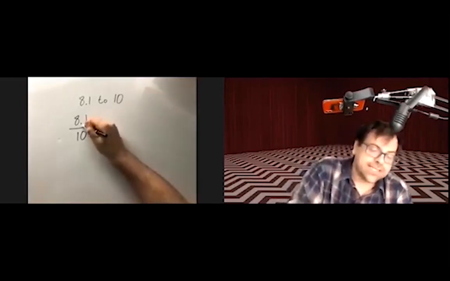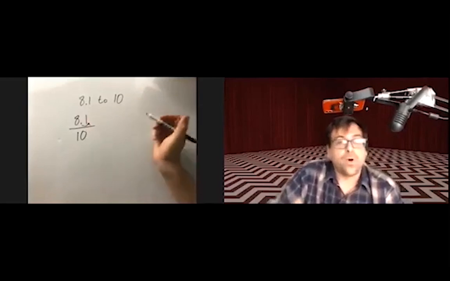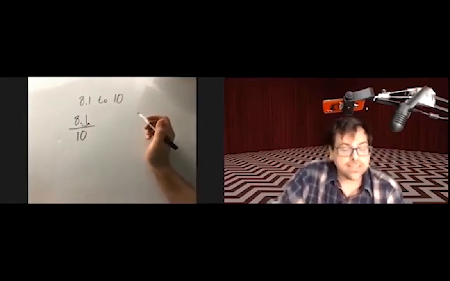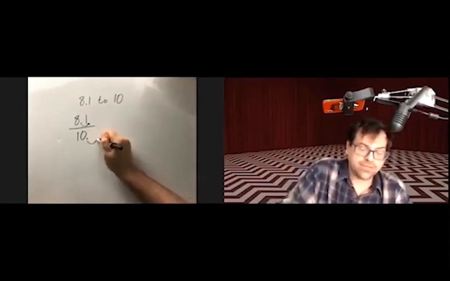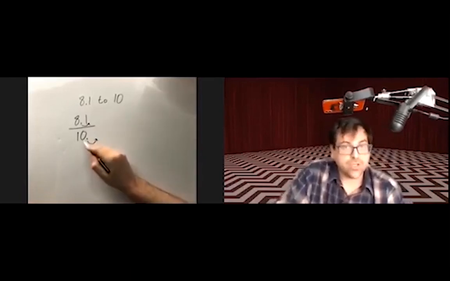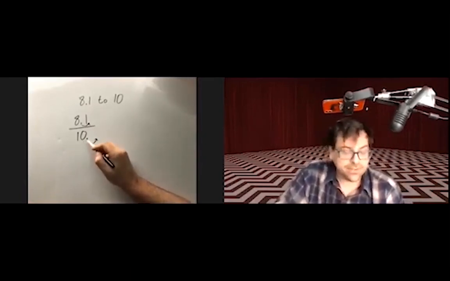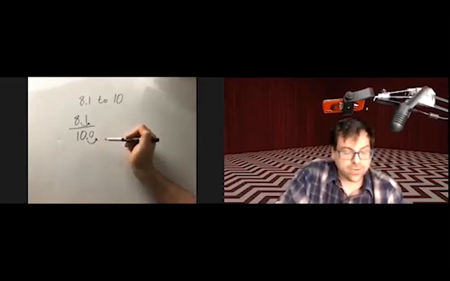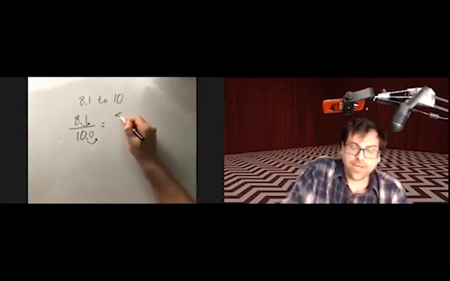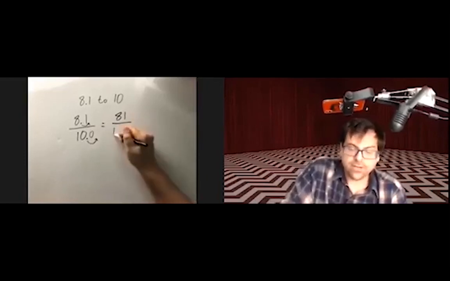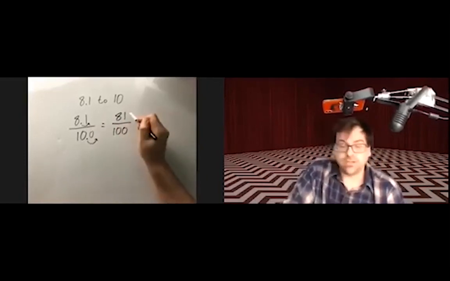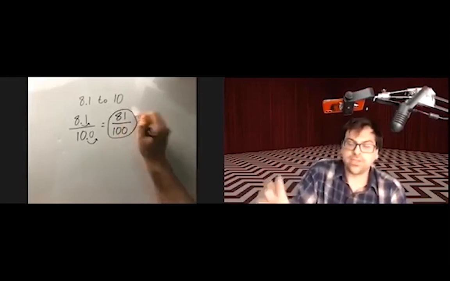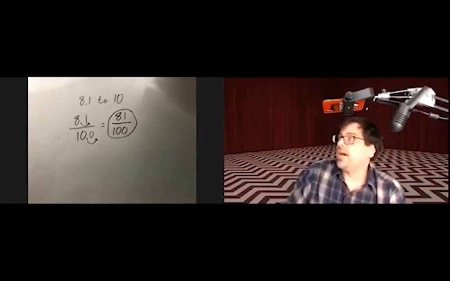We can get rid of the decimal on the top by moving it 1 to the right. But that means we're going to have to do the same thing to the 10, which is 10 decimal point. That decimal point would have to get moved 1 to the right. We have 81 to 100. This does not reduce. It is our simplified ratio.